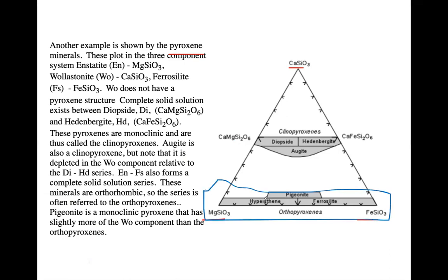OPX from hypersthene to ferrosilite. That means magnesium and iron end-member compositions. And then when you have calcium also in the pyroxene, you call it CPX. This is OPX, and then you have CPX here. You have some calcium component also in addition to iron and magnesium.